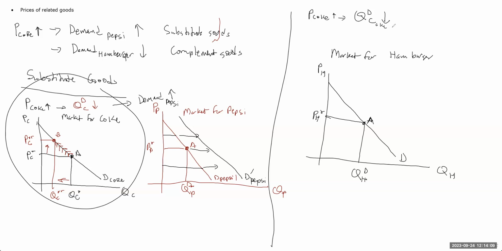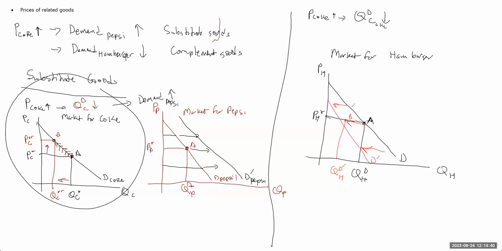We eat hamburgers with Coke. And as we buy less Coke, we're going to buy fewer hamburgers, because that's the only way we enjoy hamburgers. So maybe we end up at point B. We're going to buy fewer hamburgers, and whatever the price is, we're just going to buy fewer hamburgers.